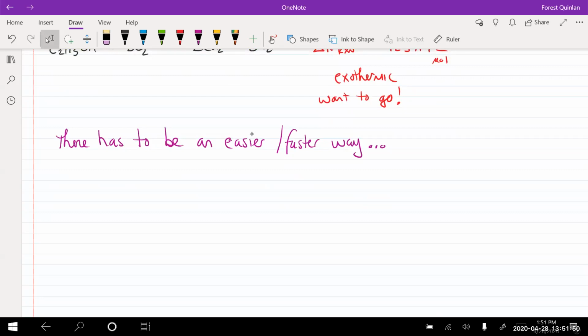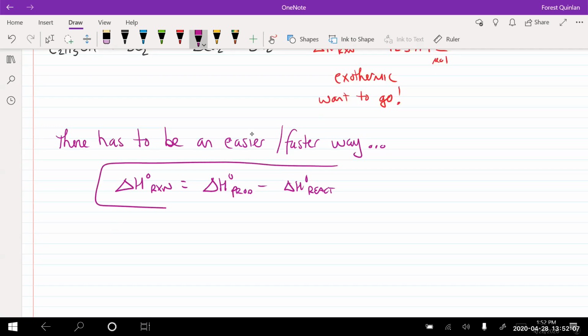The easier, faster way is, look, any of the delta H naughts of the reactions is equal to the delta H naught of all the products minus the delta H naught of any of the reactants, which is exactly what we just did.